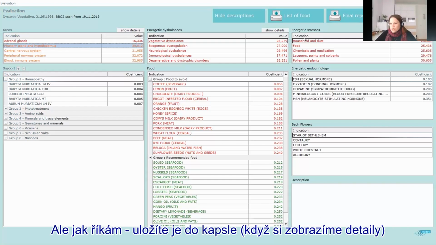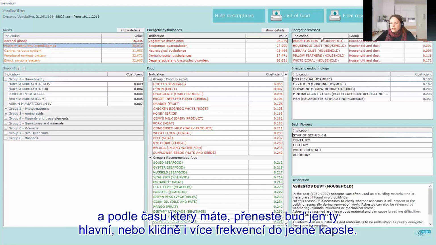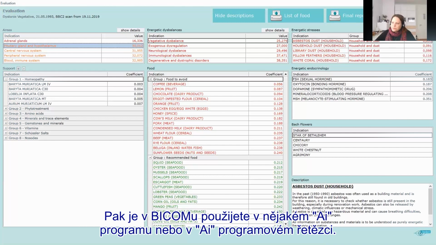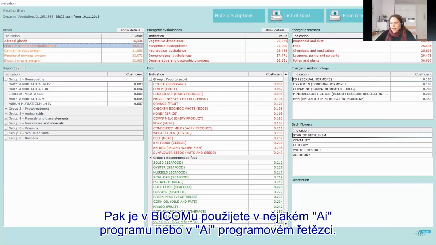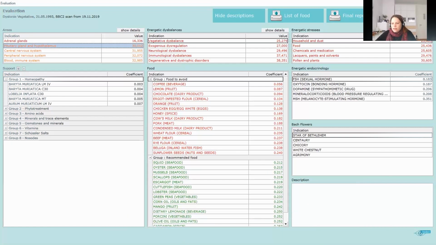But what you can do is to put them to a capsule, maybe when you show details, maybe the first most important one, or if you have enough time, you can put all of them to one capsule and treat it with an AI program, or for example the AI sequence, the 10325.